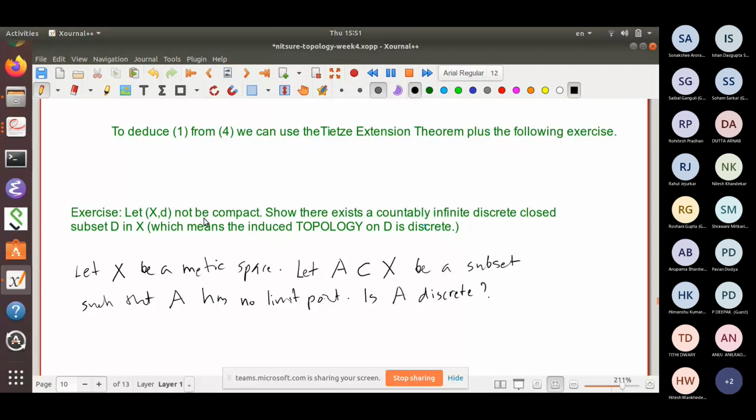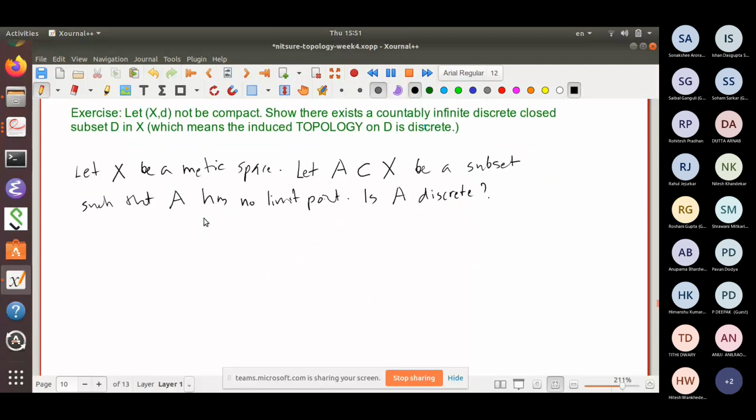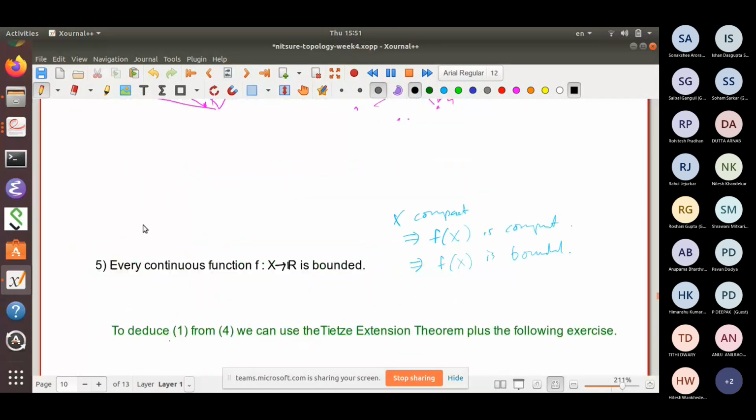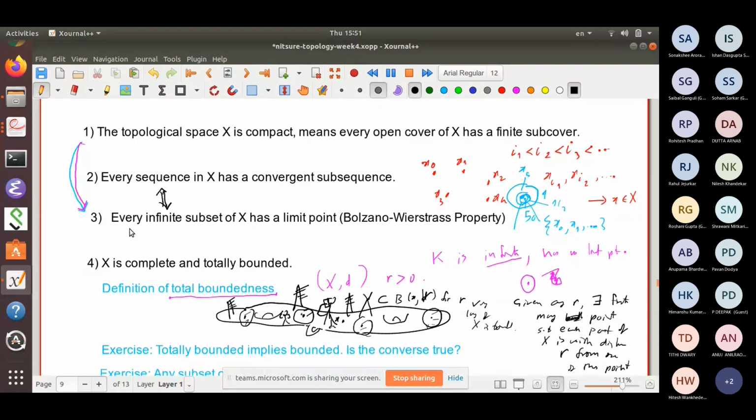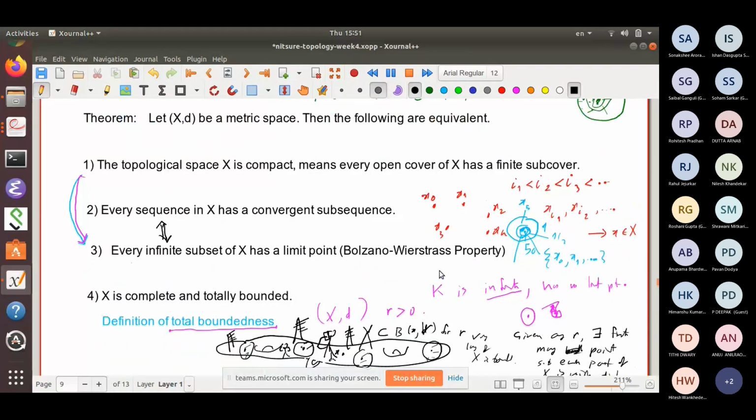So solve this exercise. You know what is there in compact, and therefore one of these statements is false. Perhaps you think of a sequence which does not have any convergent subsequence. Will that sequence be a closed set? It has no convergent subsequence.